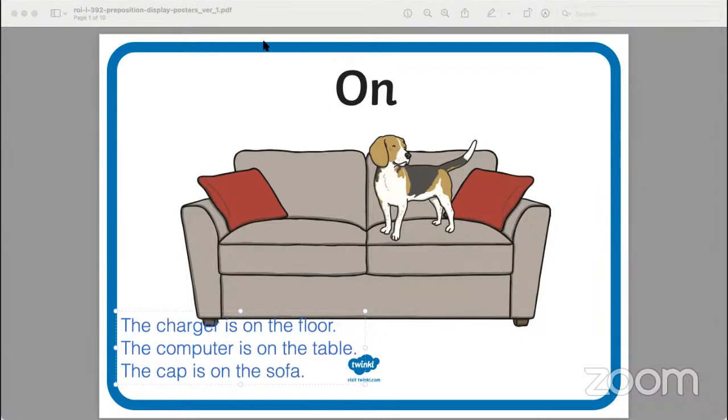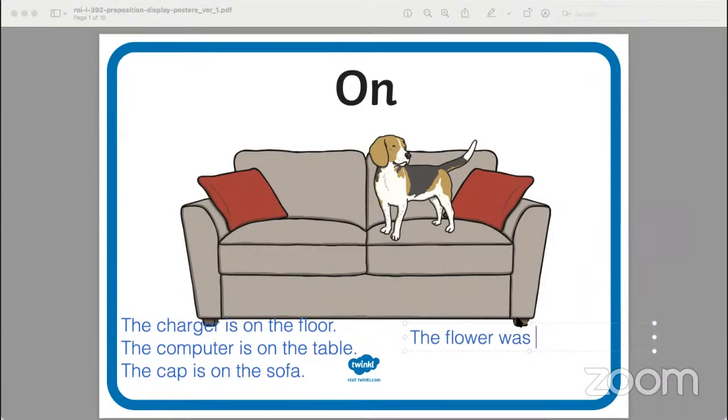Well done, Alicia. Can I have one more student to share their sentence using the word on? The flower was on the table. Good. The flower is on the desk.